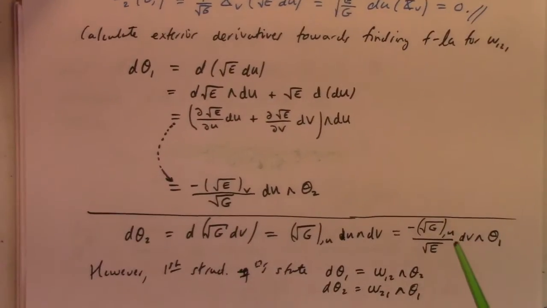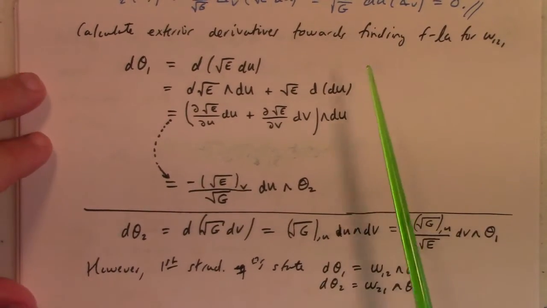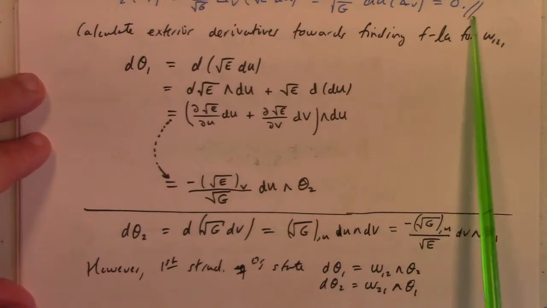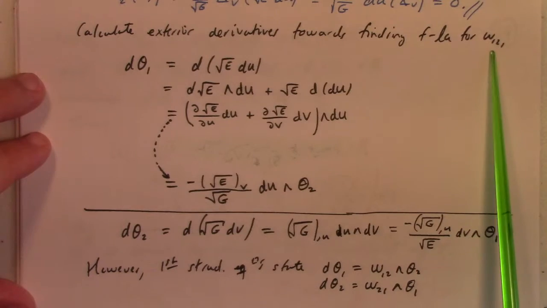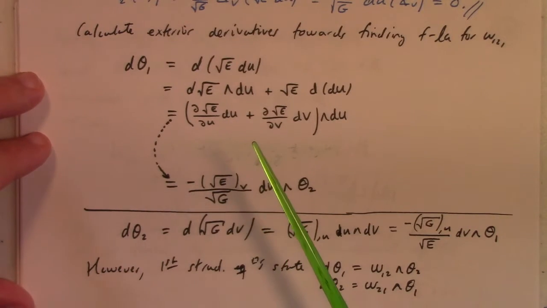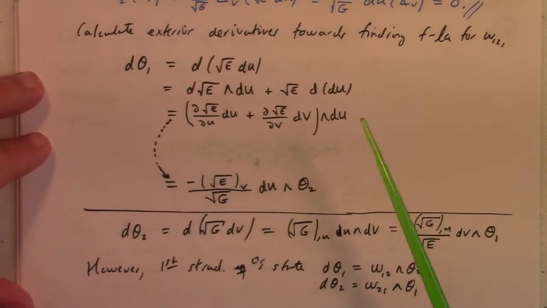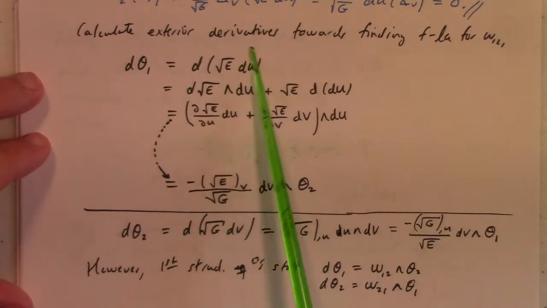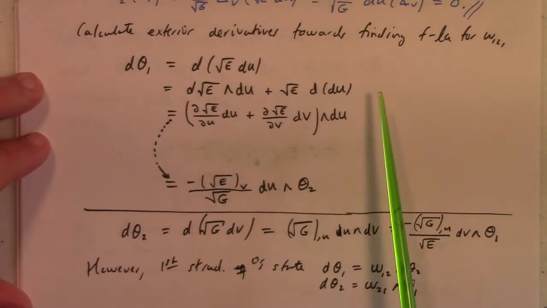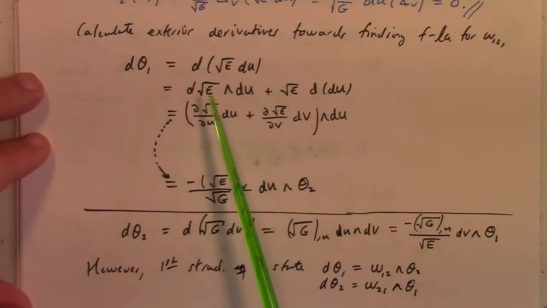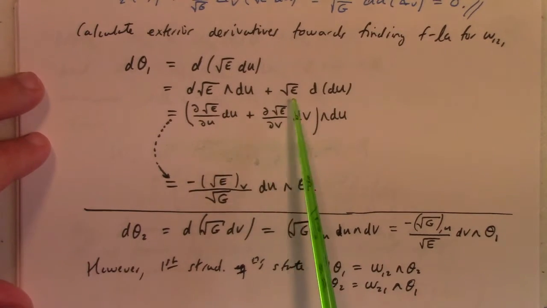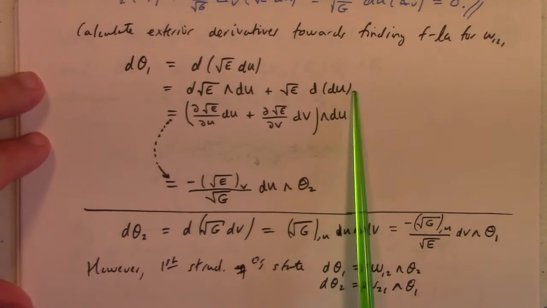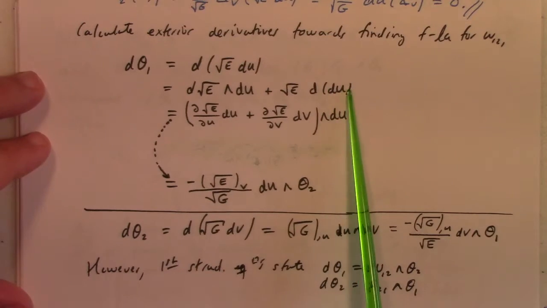So to calculate exterior derivatives, I want to do that because I want to look for a formula for omega 12, which remember is based on the derivative of the connection form. If I exterior differentiate theta 1, that means I have the exterior derivative of the square root of E times du, which by the product rule gives me the exterior derivative of the square root of E wedge du, plus the square root of E wedge d of du, but of course d squared is 0, so that piece is kaput.